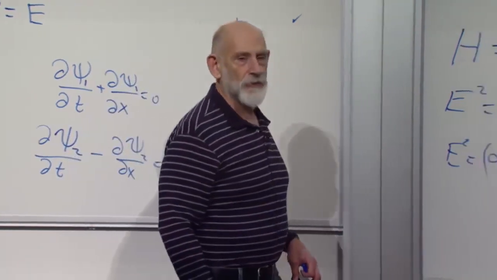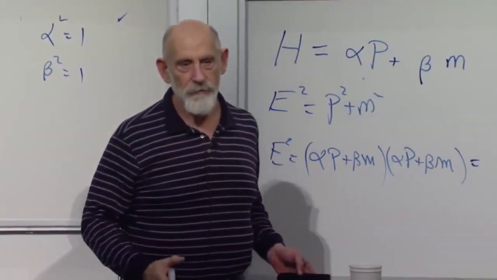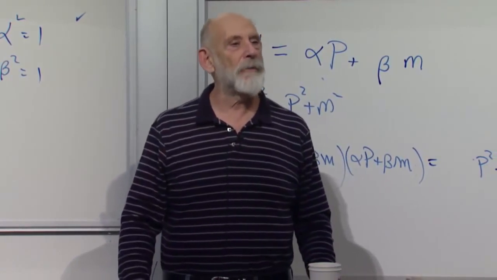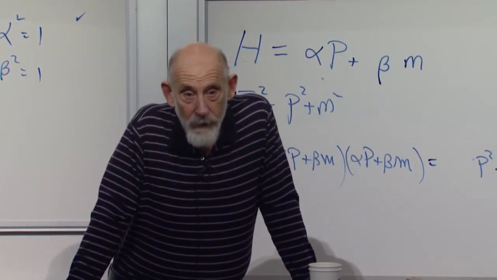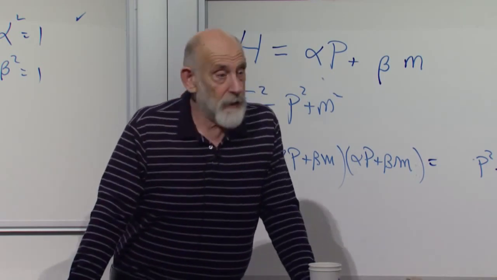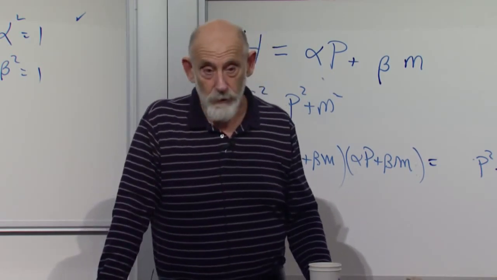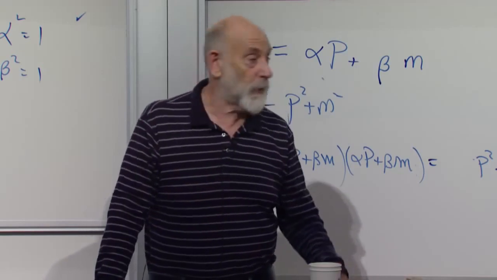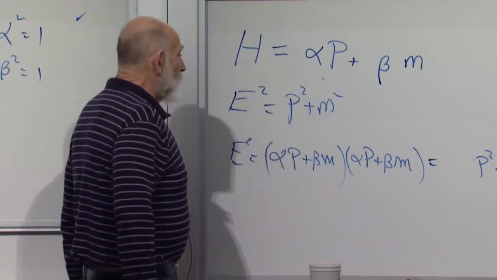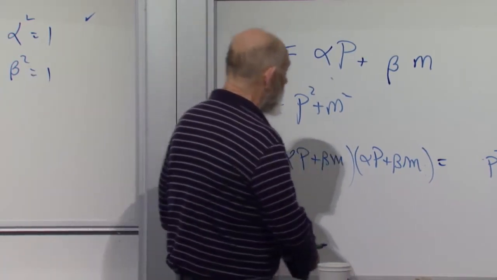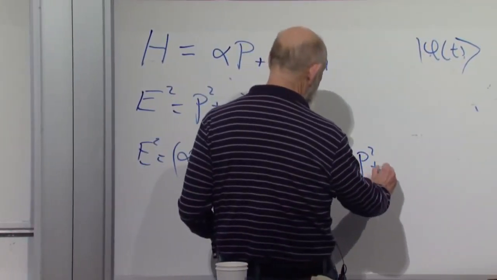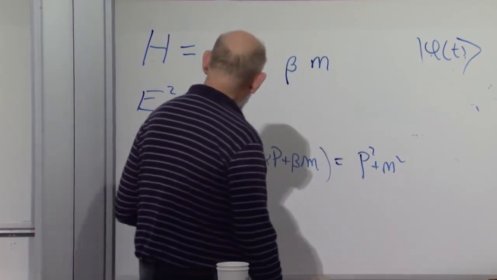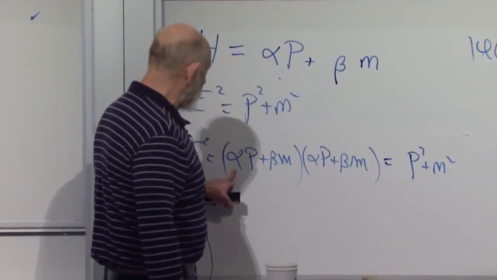There's lots of matrices around whose square is equal to 1, so not to worry. Any one of the Pauli matrices, its square is equal to 1. 1 means identity matrix, right? 1 means the identity matrix, yes. Any of the Pauli matrices, its square is equal to 1. The identity matrix itself, its square is equal to 1. Okay, so we've taken care of that. But now, this is p squared plus m squared. But then we have an extra term. And the extra term is alpha beta.